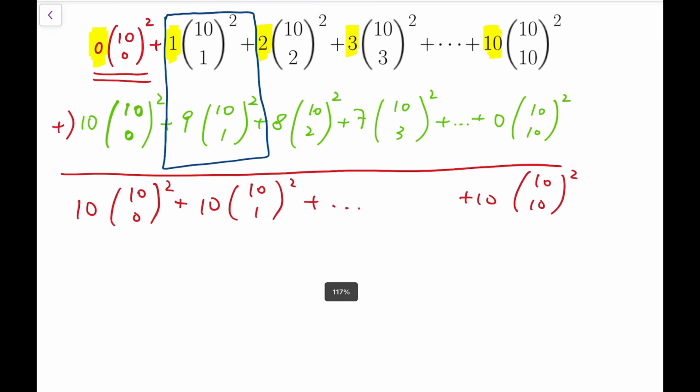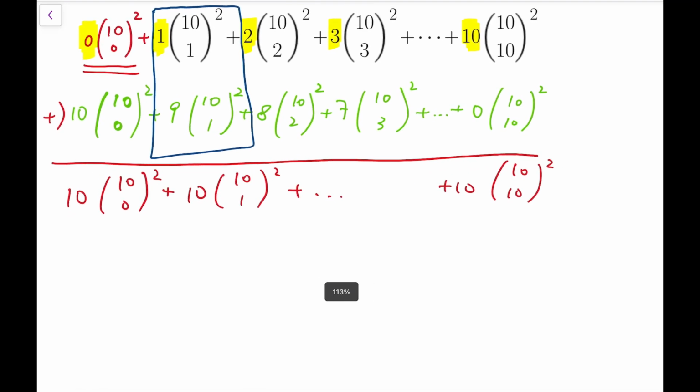After that, we need to notice a very special property, which is that for the term 10 choose 10 over here, and the term 10 choose 0, we have to notice that they are actually equal.